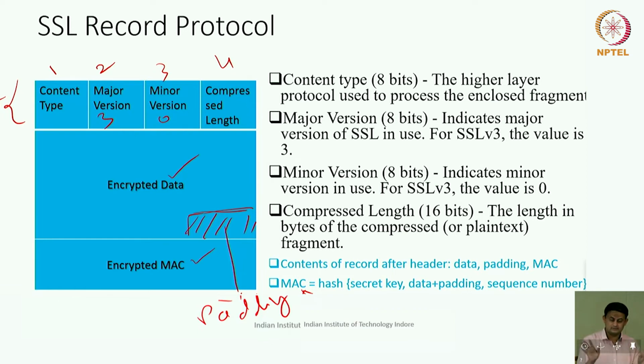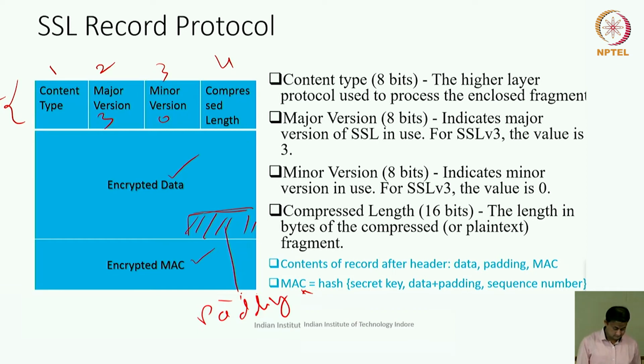So that is the SSL record protocol. Very simple operation. All that you do is take the data, divide it, compress it, and then calculate the MAC, including the padding and the sequence number, and attach the MAC to the end of the compressed data, which means the data plus the padding, and then you encrypt it. After the encryption, you attach a header with these details, and then you send it.